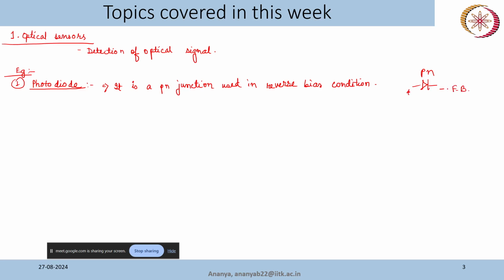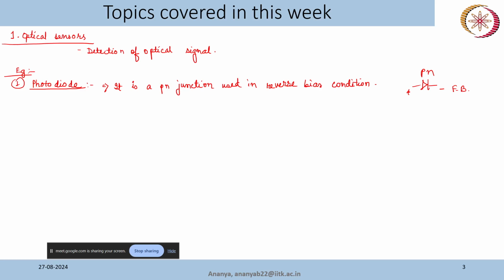In this configuration, the current in the diode will be already high. Therefore, the change in current due to photo generation or due to incident light will be negligible, and we may not be able to detect it. It's not like the electron hole pair or current will not be generated, but the change will be so insignificant compared to the total forward bias current that our measurement system may not be able to detect it. We measure the change in current using a multimeter or an SMU, source measuring unit.